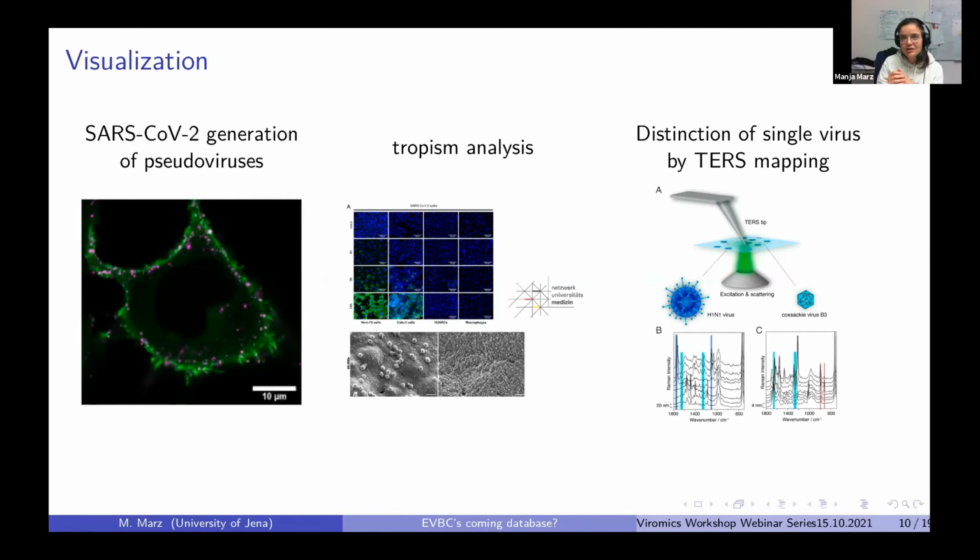It doesn't screen it by taking picture by picture like with a camera, but instead it uses Raman spectroscopy on such a nanoscale level, which means that you can really see atom by atom via Raman spectroscopy. And therefore you can really say what the surface protein is, what changes have been made there, and what modifications we have there. So that is on the way. The technique is published already, but for viruses, it's on the way to being established right now.